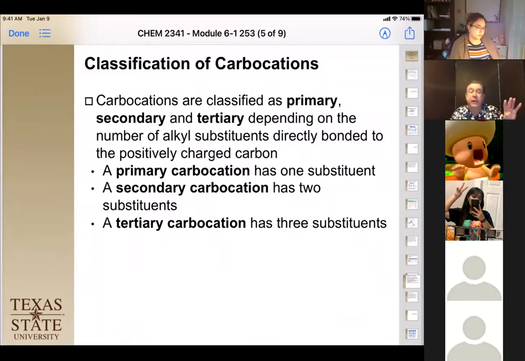Okay, you can't have a quaternary because that's 4 sigma bonds and it's happy. There's no positive charge. So it's primary, secondary, and tertiary. The only other condition we have is methyl. Okay, methyl has no other carbons on it, and so that's why we have methyl, primary, secondary, and tertiary. So the number of substituents directly bonded to that positively charged carbon controls its stability.